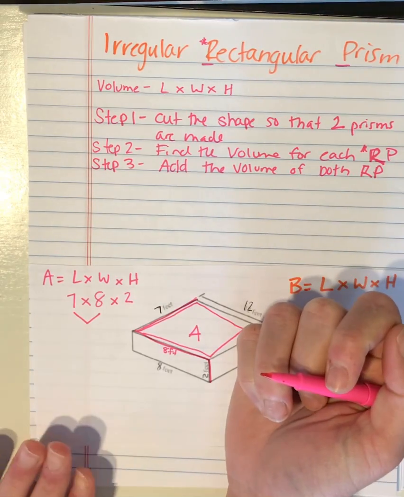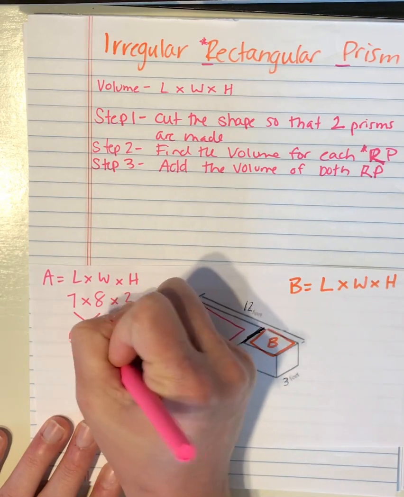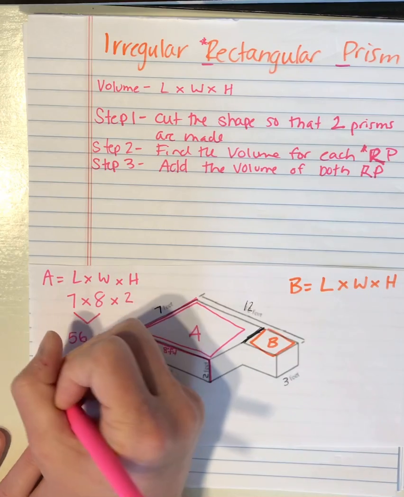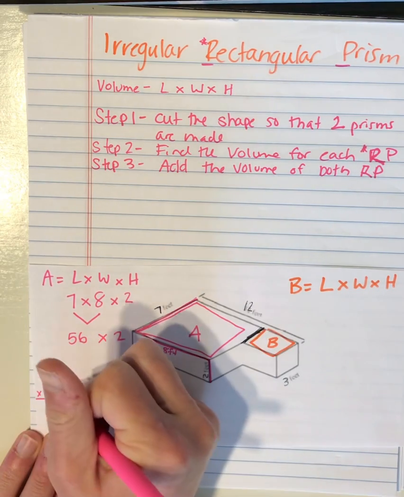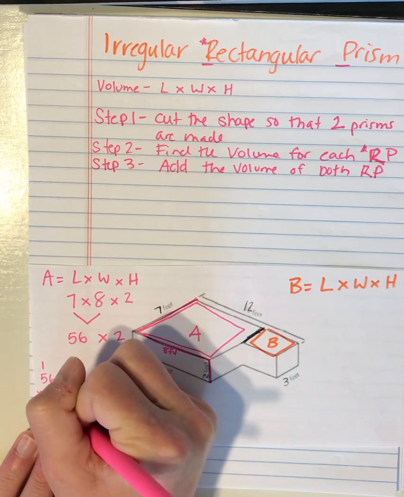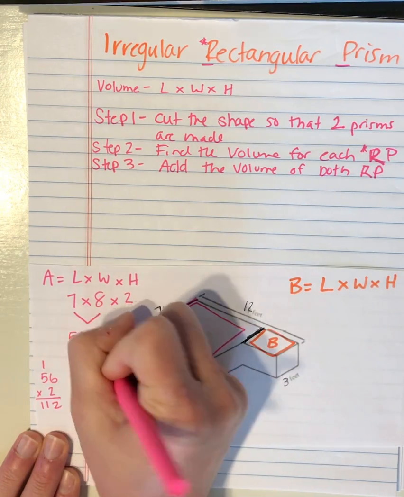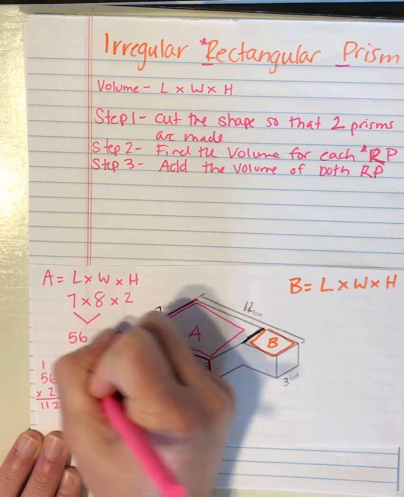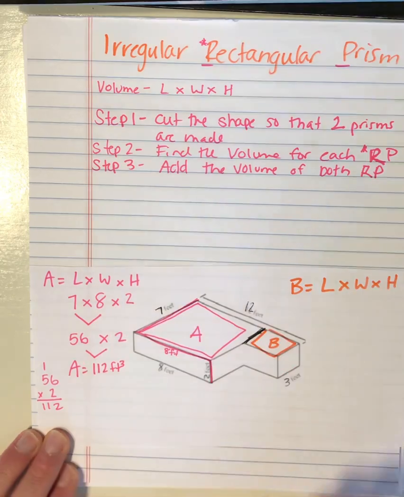You could do 7 times 2 because it's multiplication, but 7 times 8 is 56 times 2. If you don't know that in your head, that's totally fine. We're going to come over here and do some math in the corner. 6 times 2 is 12. 2 times 5 is 10, plus 1 is 11. So my volume for A equals 112 cubic feet.